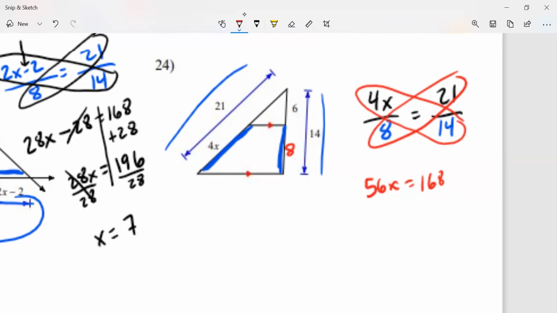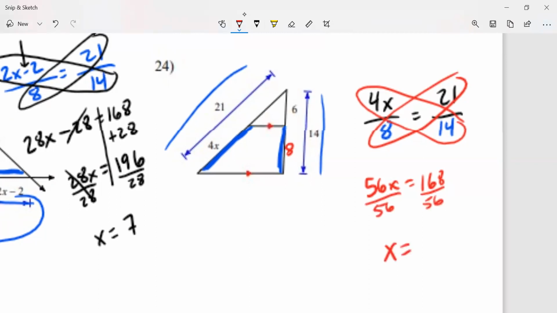And then when I divide by 56, let me divide by the number in front of the letter. So 56 in this case, 168 divided by 56 gives me 3. x is equal to 3.